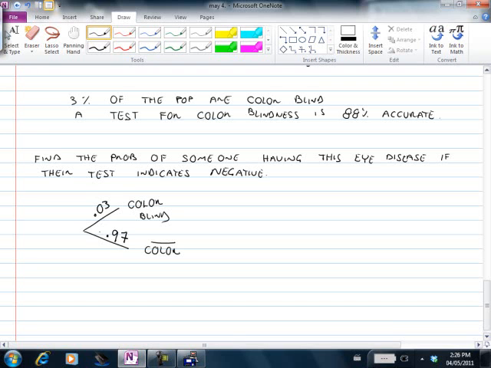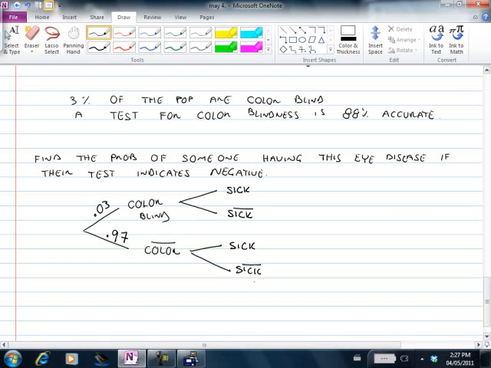Now, if you're colorblind and you go to the doctor, you're either sick or not sick. I like to use the terms sick or not sick. Some people like to use negative, positive; I find it a bit more confusing. Say whatever you like, as long as you don't get confused.